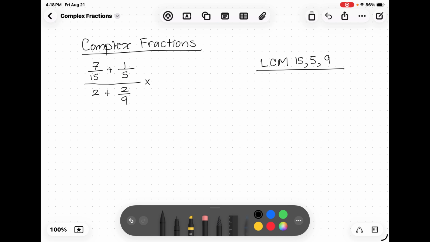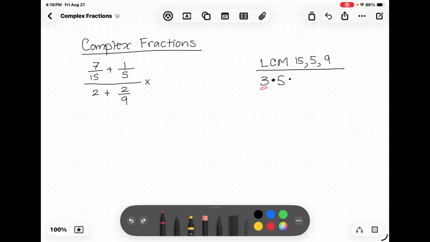How do I do it here? I'm just going to start taking factors. So 3 is a factor of 15 times 5 is a factor of 15. Now I'm not going to do times 5 here because I've already got this 5. So I don't need another 5. Times, well, the 9 has 2 3's.